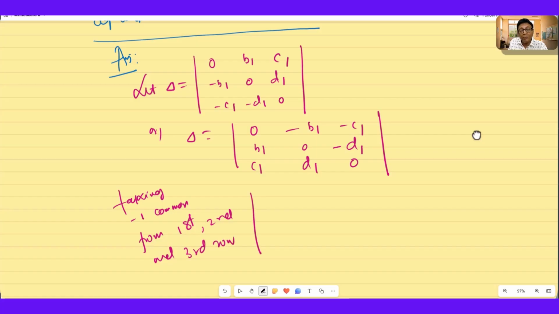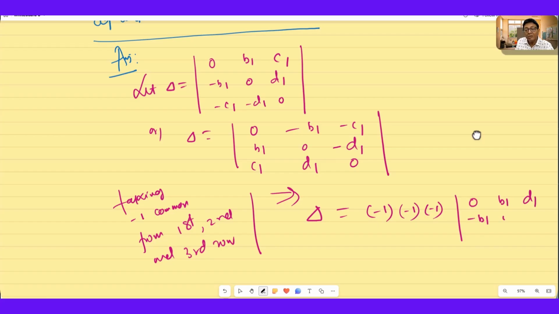What do you observe? This will imply delta equal to minus 1. From one row you can take common. This is not a matrix, you are doing a determinant. This is the property we have learned. Minus 1, this will be 0, B1, D1; minus B1, 0, D1; minus C1, minus D1, 0.